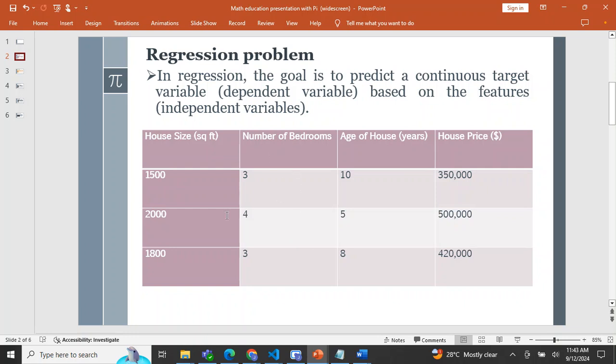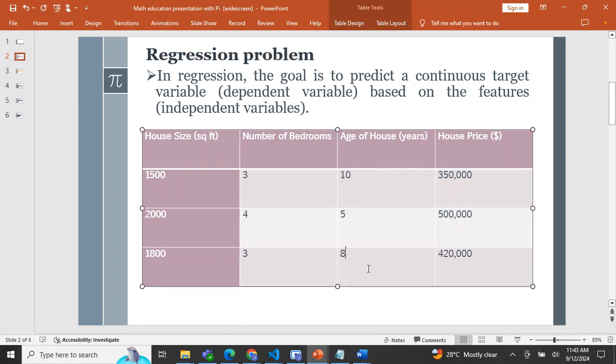Okay, now looking at these variables here, the house price is actually a continuous variable, and so is the house size, right? The number of bedrooms is a discrete variable because I don't think we can have anything like 3.5 bedrooms or 2.5 bedrooms. But for the age of houses, there is a possibility we can have 3.5 years, 4.5 years, or 10 and a half years.